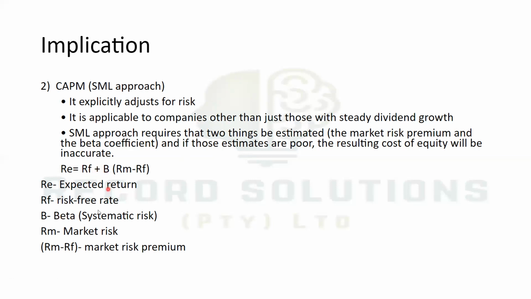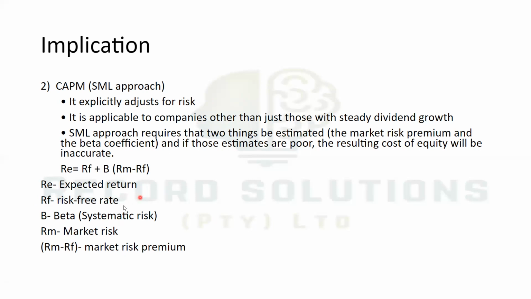Then plus this market risk premium. What is the market risk premium? It is RM, which is the market return, the risk of the entire market or the industry that the company is within, minus the risk-free rate.